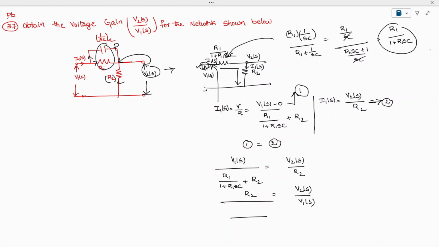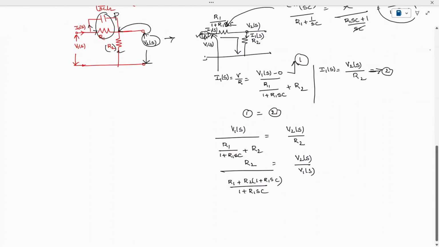if you take the LCM as 1 by R1 SC, then you get R1 plus R2 into 1 plus R1 SC. Now this term goes to the numerator, which is R2 into 1 plus R1 SC, divided by R1 plus R2 plus R1 R2 SC.